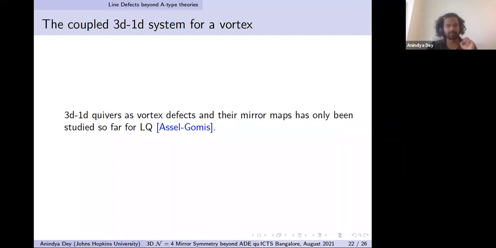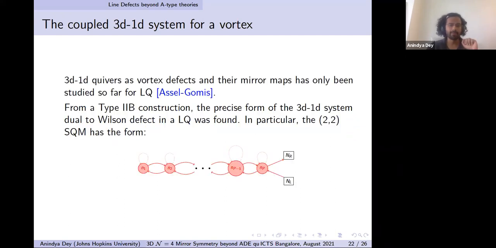So it's an extremely difficult problem, and in this 2015 paper by Assel and Gomis, they studied these mirror maps for linear quivers consisting of unitary gauge groups, a very simple system, which has a Hanany-Witten realization.